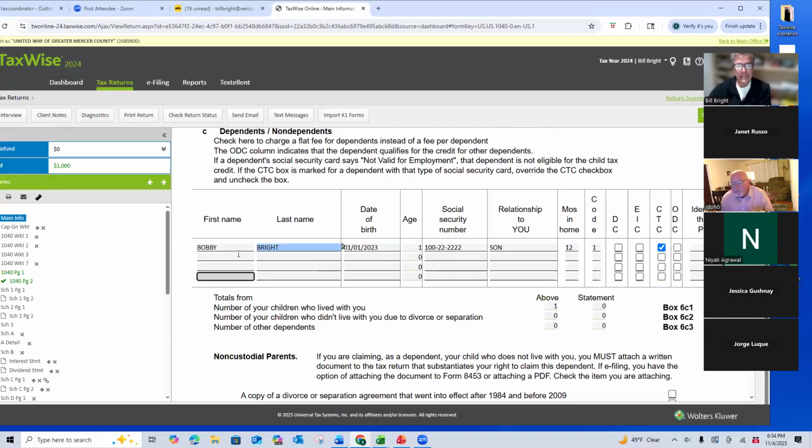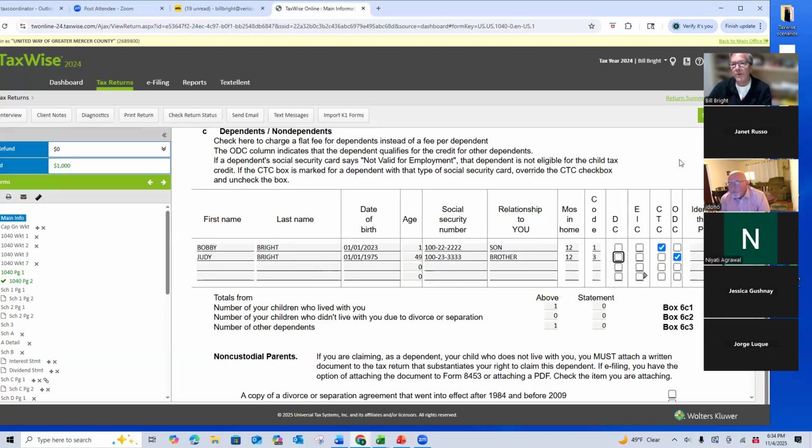In this case, let's just say not only do I have a 1 year old, but I have a 49-year-old, and I'm just going to say it is a brother. All right, so I have a brother, living with me. Oops, sorry. It's a three.